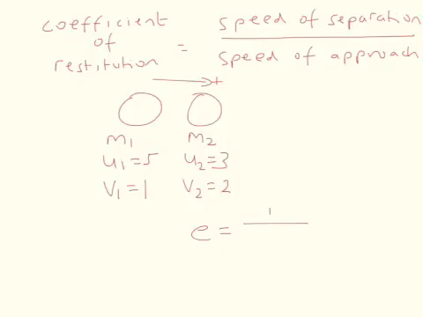But now the speed of approach describes how this particle approaches this particle. This is initially going at 3, this is initially going at 5, so this is coming up to it with a relative speed of 2 meters per second. So in this example, E is a half. Let's go back to the original question.